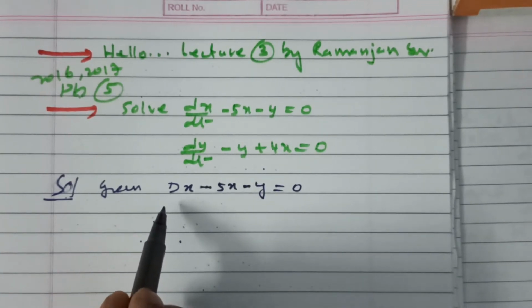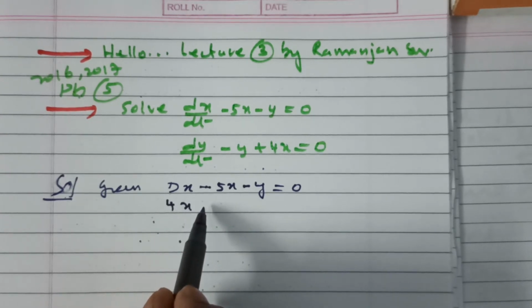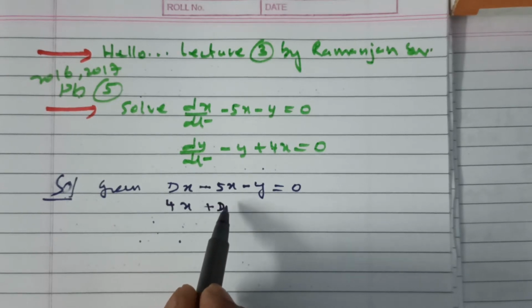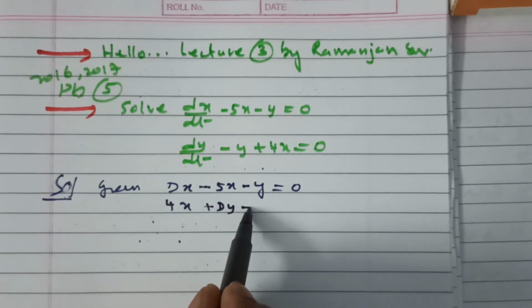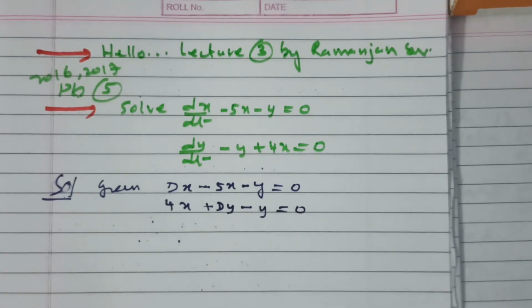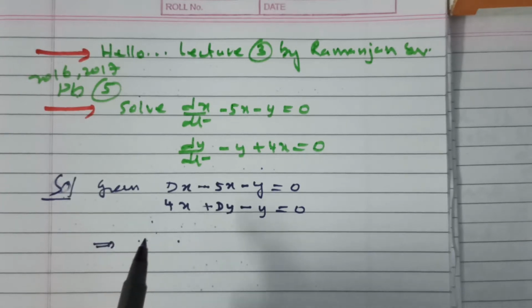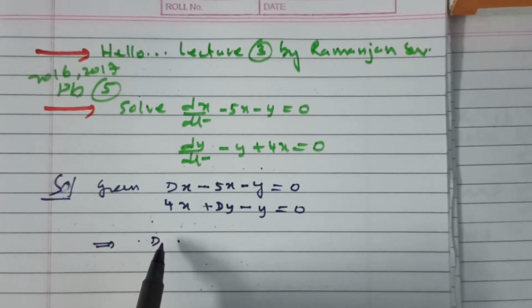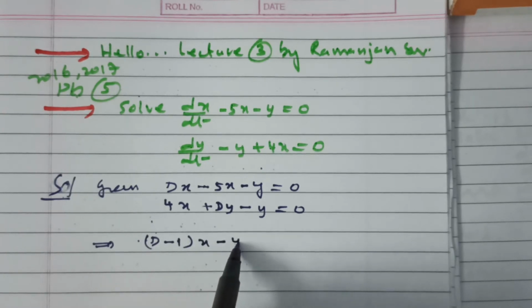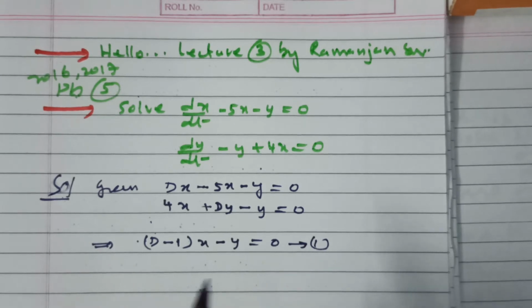Second equation is 4x plus dy by dt minus y is equal to 0. This implies x variables common, (D minus 5) of x minus y is equal to 0. Take this as equation 1.